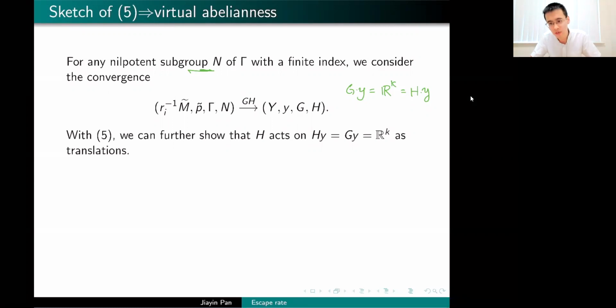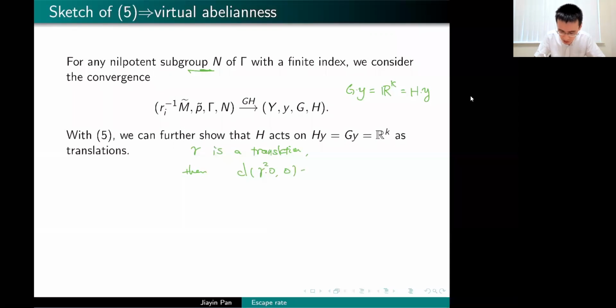One feature of a translation is that if you translate twice, it is twice the distance. What I mean is, if gamma is a translation, then the distance between gamma squared acting on 0 is always twice the distance from gamma·0 to 0, because it's just a translation, it always moves forward.